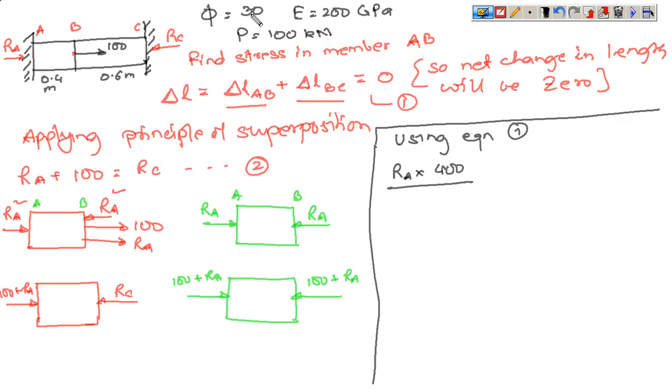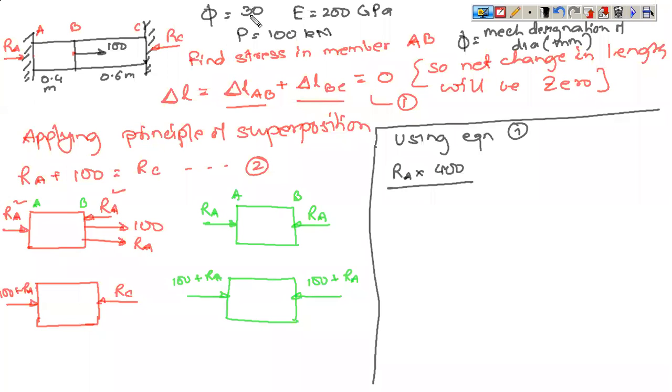So phi is equal to 30 means, phi is the mechanical designation of diameter, of dia, and it is written in mm.